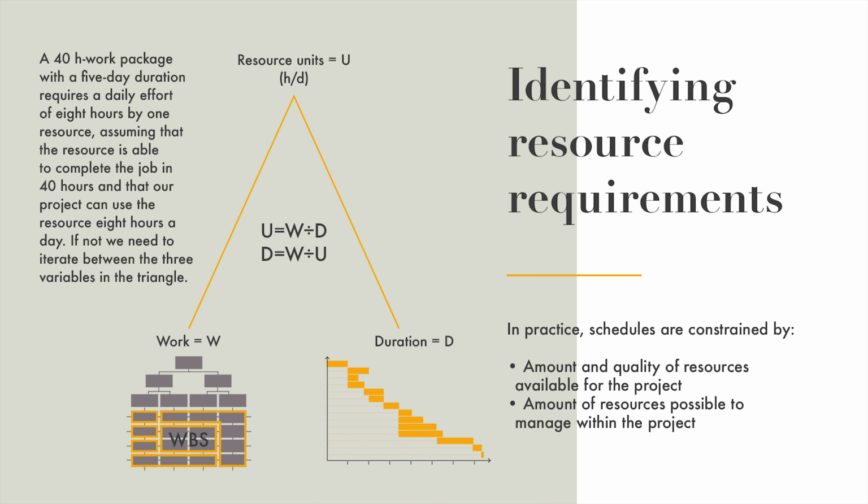There's another thing to this as well. Actually, the schedules are also constrained by the amount of resources possible to manage within a project. So, for instance, instead of having one resource on this work package, we could use 5 and think that we could do it in 1 day. However, there may be certain physical limits to this, for instance, space, which is often the case in construction projects.